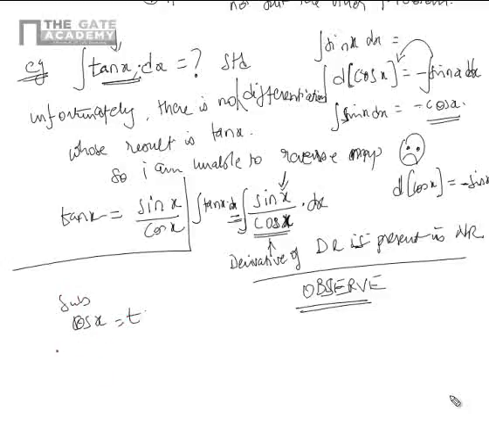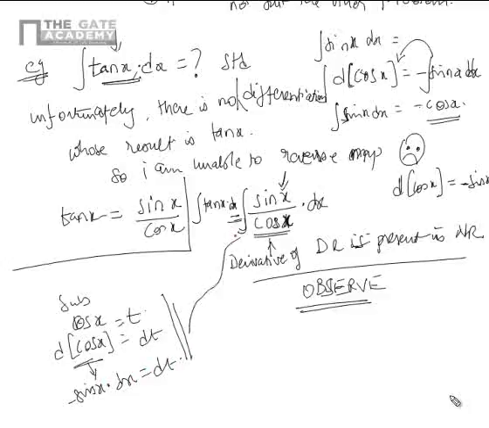So, for example, substitute cos x as t. What will happen if I differentiate both sides? The differentiation of cos x will become dt. And what is the differentiation of cos x in turn? It is nothing but minus sin x dx is dt. So if I put this substitution here, the integral of tan x dx is equal to the integral of sin x by cos x dx.